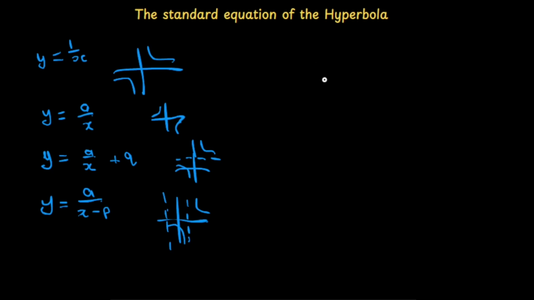In order to do this, we would combine all the types of manipulation that we have for the hyperbola, and it would result in us obtaining the standard equation for the hyperbola, which is y is equal to a over x minus p plus q. If we identify the properties and the type of manipulations that occur in the standard formula, we would see that it encompasses all the types of manipulations that we can do for a hyperbola.